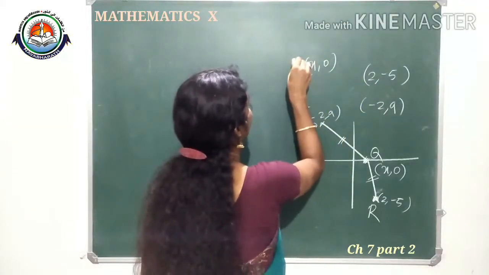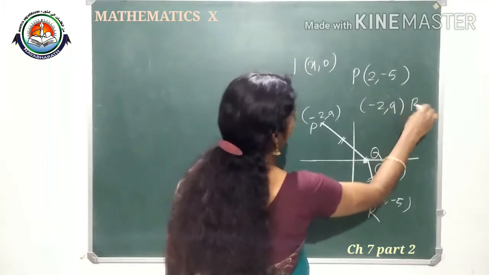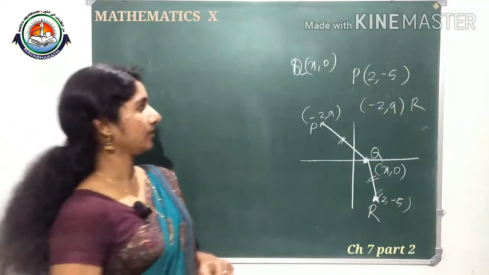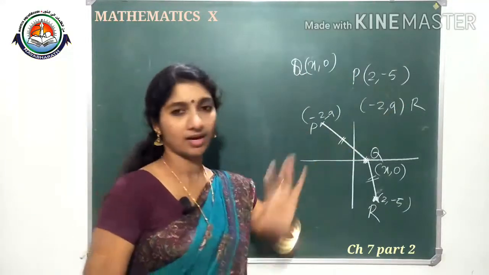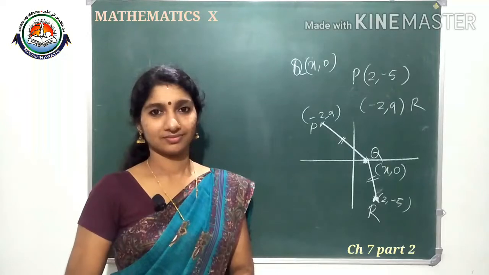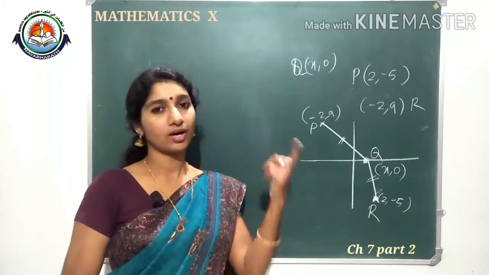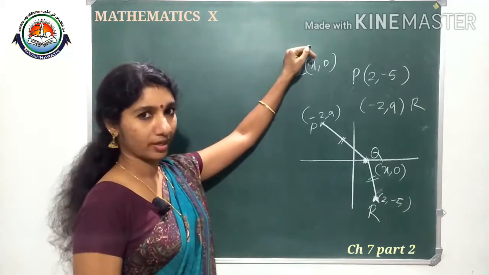So we took this as P, this as R, and this as Q. What is given actually? PQ and QR are the same. The given information is PQ equal to QR. Why? We took Q as the required point.